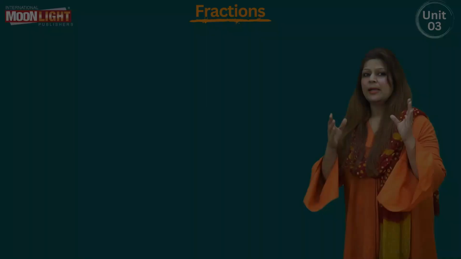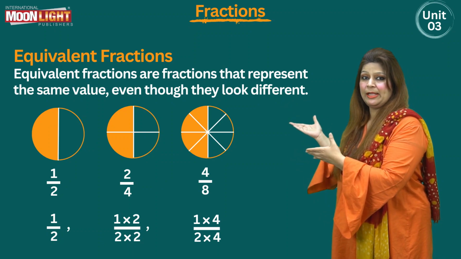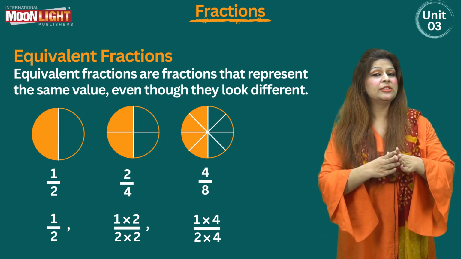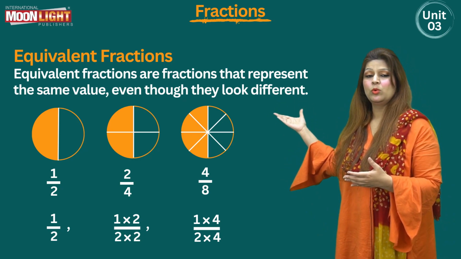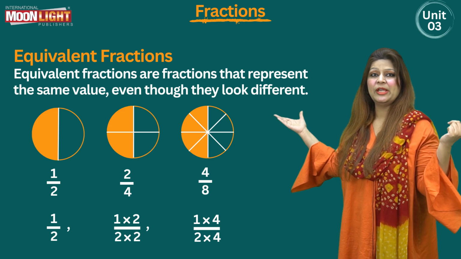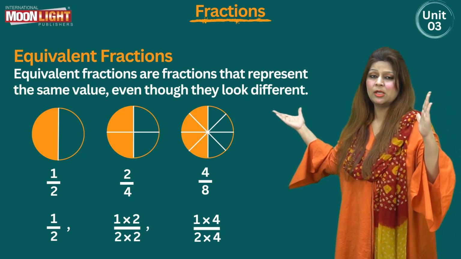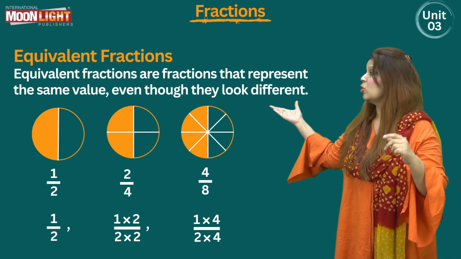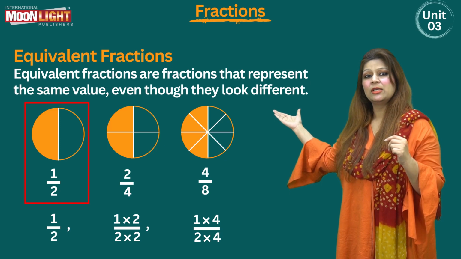Don't worry. Equivalent fractions are fractions that represent the same value even though they look different. For example, you can check the shapes, the figures. This is the same example as we have done just before. 1 by 2: the figure has half shaded and half not shaded.